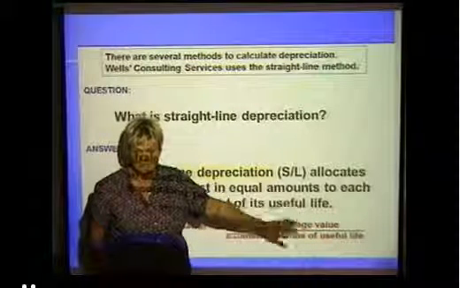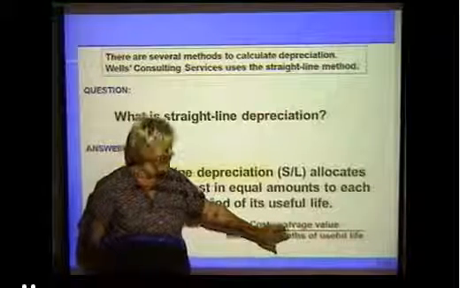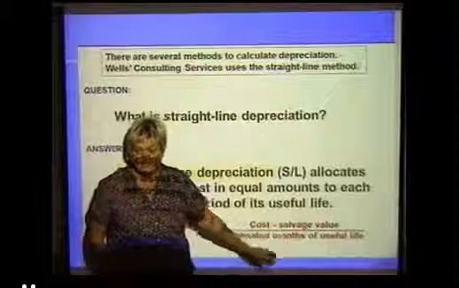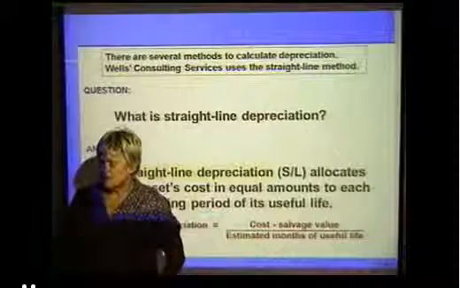Maybe just junk, scrap iron, whatever. Okay. So we have cost minus the salvage value, divided by the estimated months of the useful life.